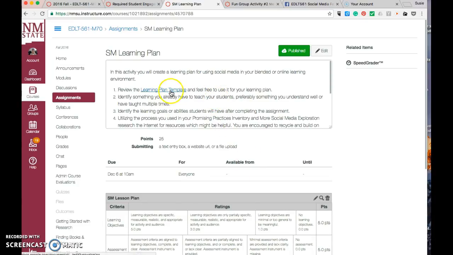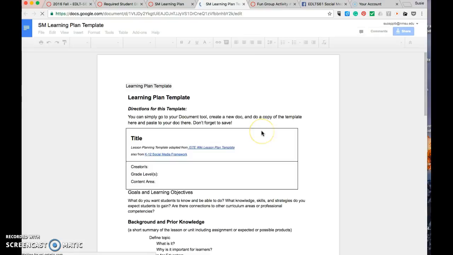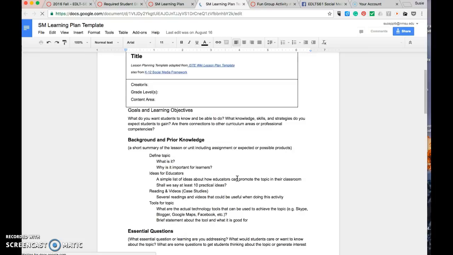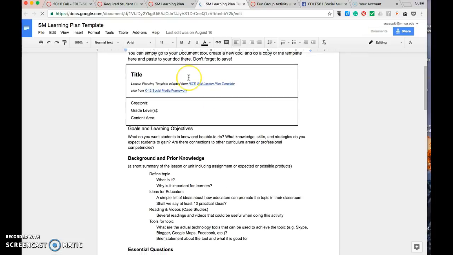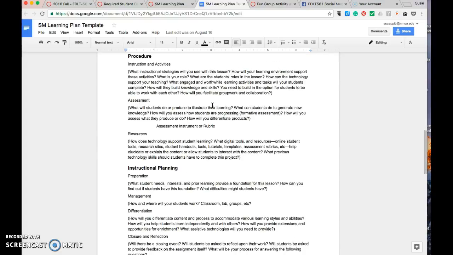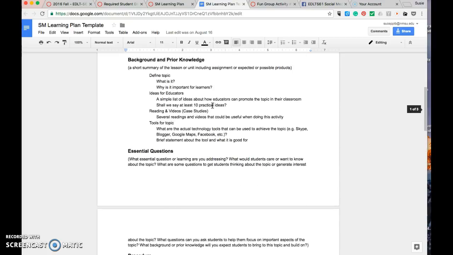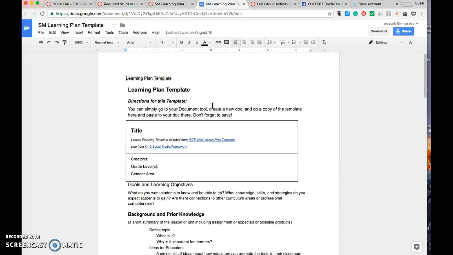So start with the end in mind and go to the learning plan template, because that will help you think about planning out your learning plan assignment. You might as well start with the learning plan template and look it over, because it has a lot of different parts to it that require your input.